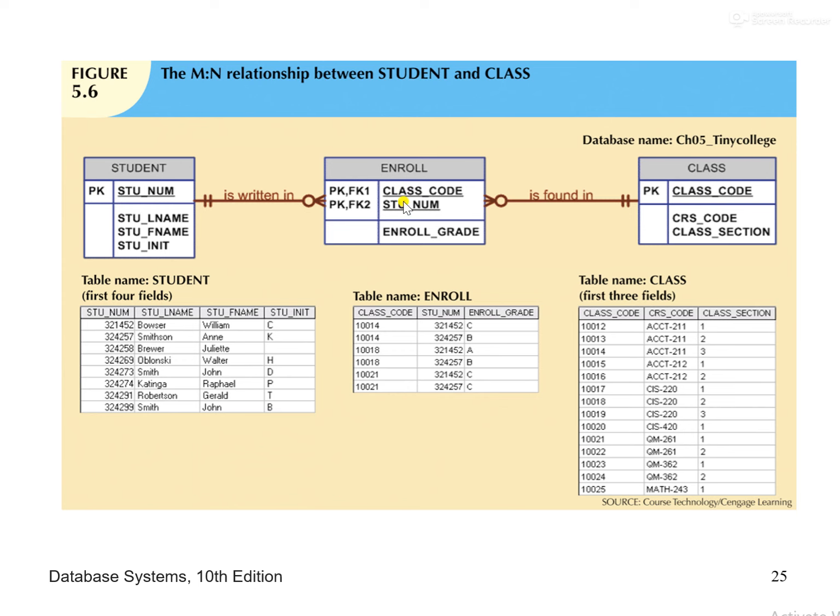This new entity that we add is a composite entity identifier, and its primary key is a composite primary key because it consists of two attributes, class code and student number. Class code is the primary key of class and student number is the primary key of student. So in that case, yes, it is allowed to use a composite primary key, and it is useful.